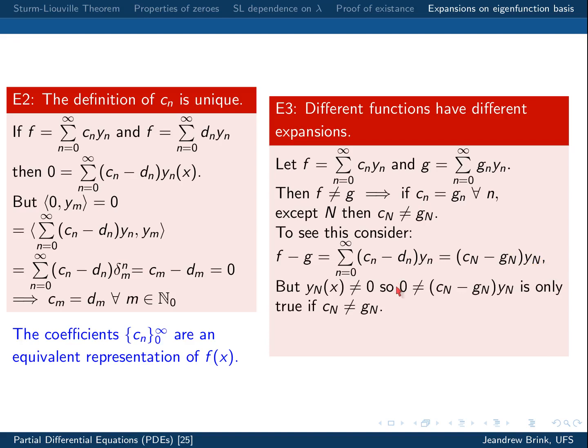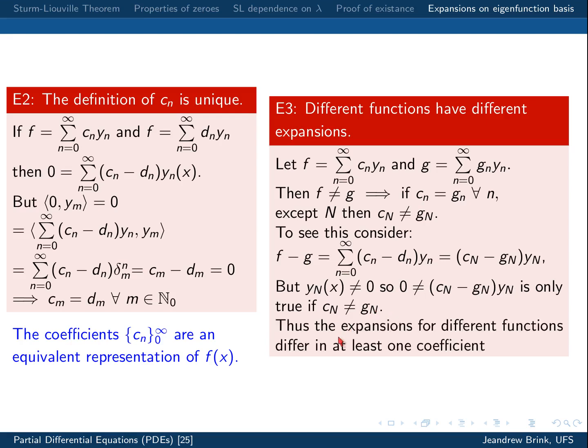Therefore, since we know that f minus g is not identically 0 and y is not identically 0, it can only be true if Cn is not identically equal to Gn. So different expansions for different functions differ in at least one coefficient.